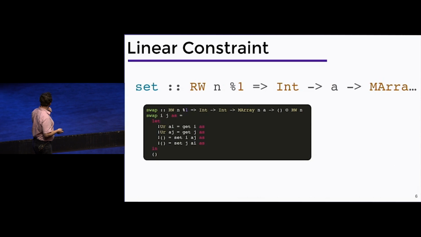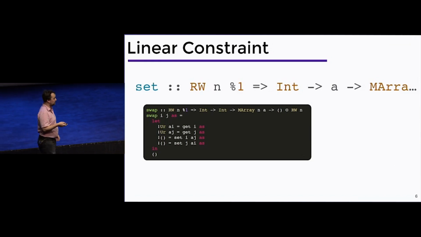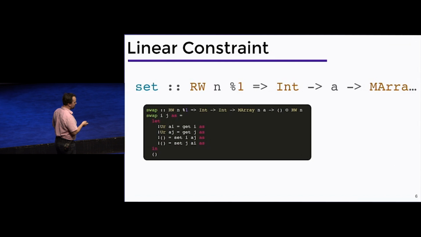Let's add a new fat arrow with a %1 in front. We'll call that a linear fat arrow. And its meaning is given by the fact that it desugars to a thin linear arrow. So if I do that, we need to pull that off, but give me a minute.